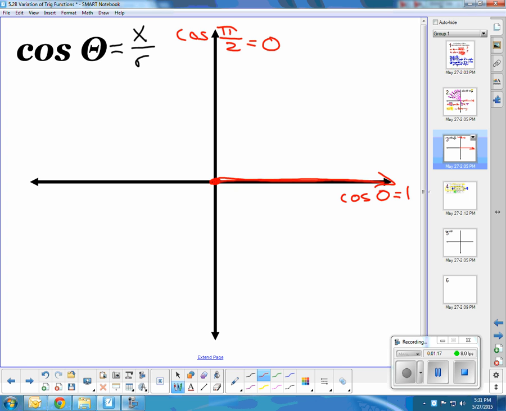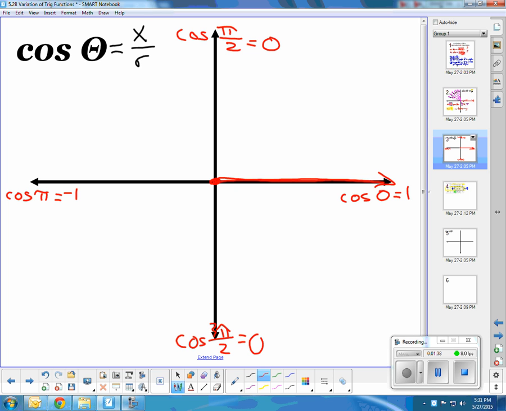If the terminal ray is along the negative portion of the x-axis, we know that cosine of pi is negative 1. And if the terminal ray is along the negative portion of the y-axis, we can say that cosine of 3 pi over 2 is equal to 0.